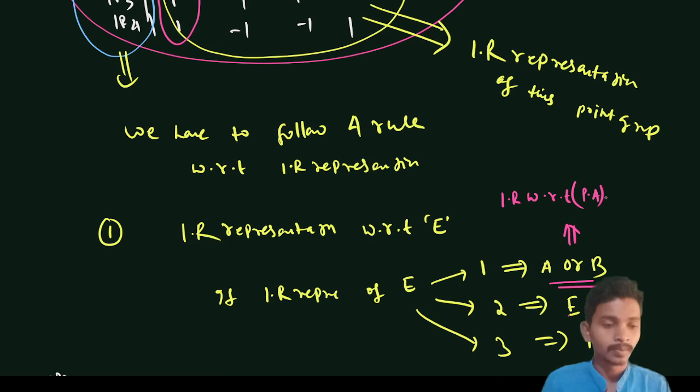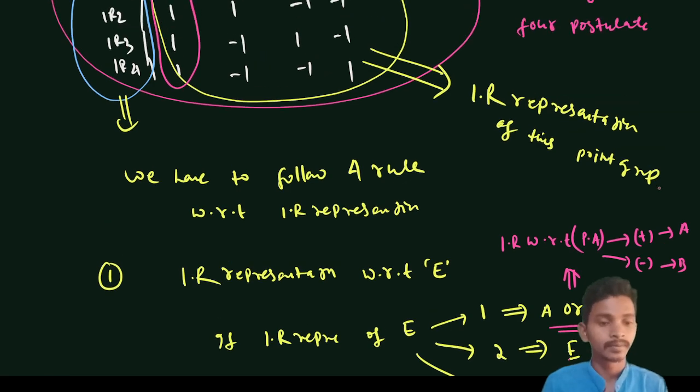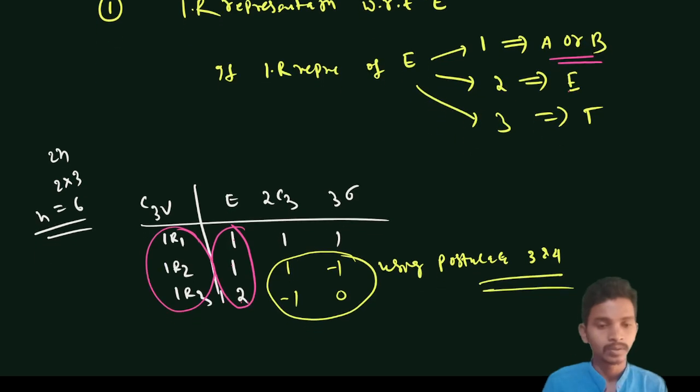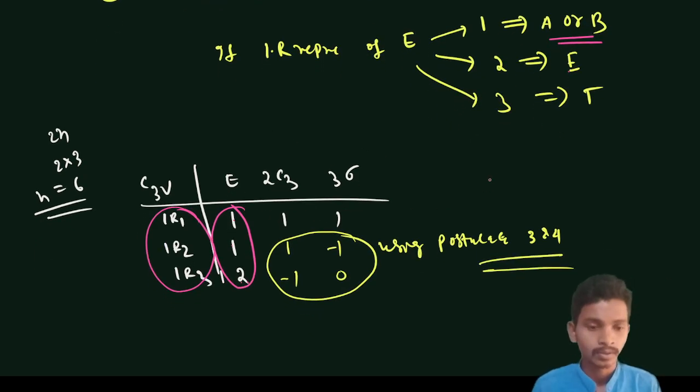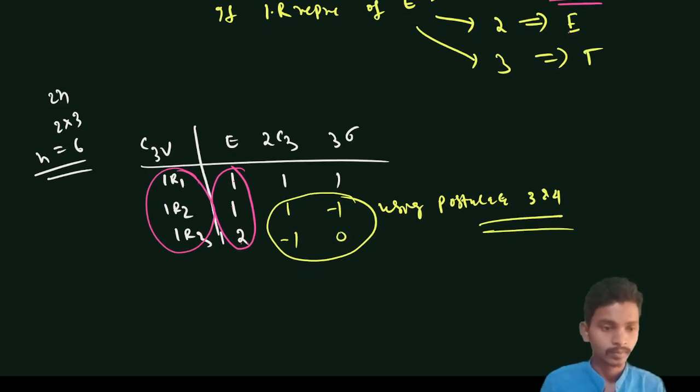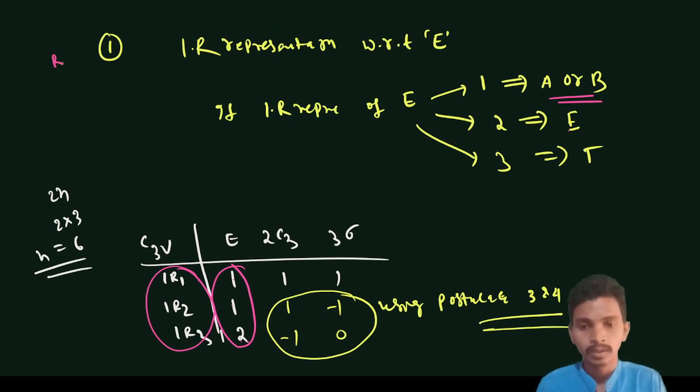If it is positive, then that is A, and if it is negative, then that is B. Let's say this is rule 1 that we already discussed in the previous class.